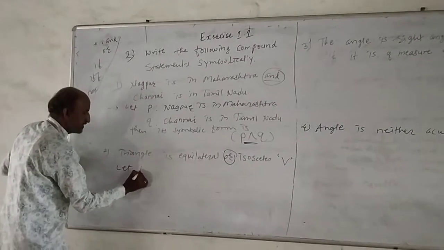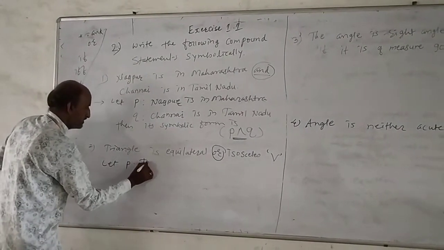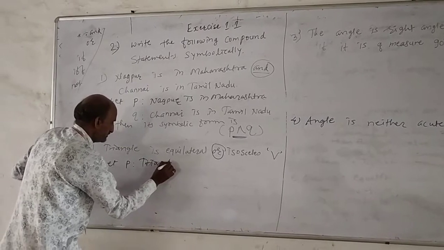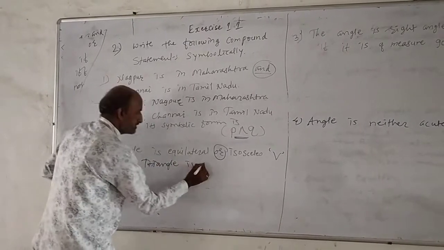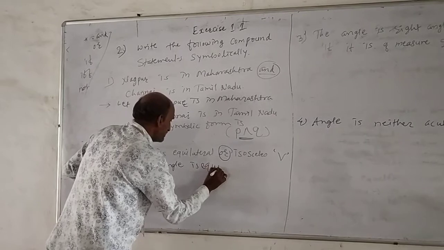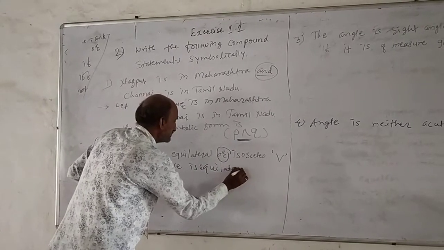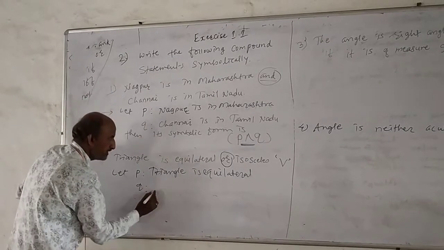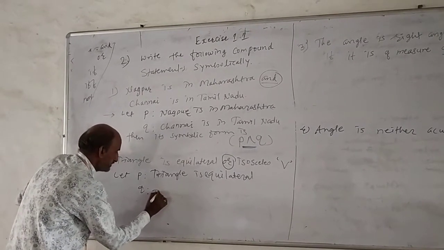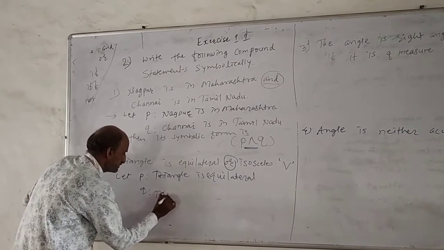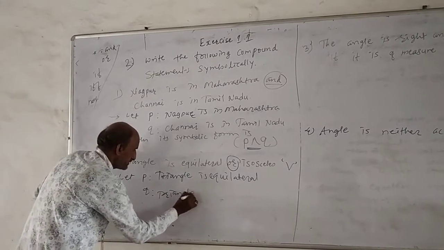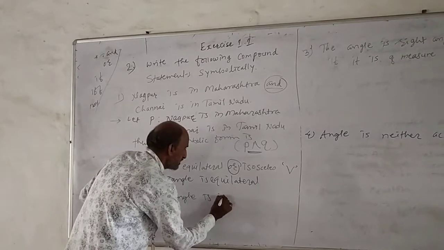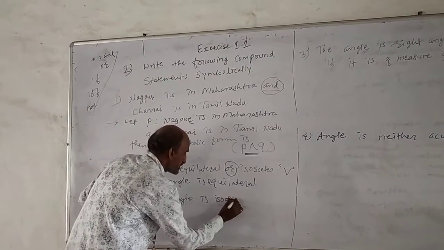Let P be triangle is equilateral, and statement Q be triangle is isosceles.